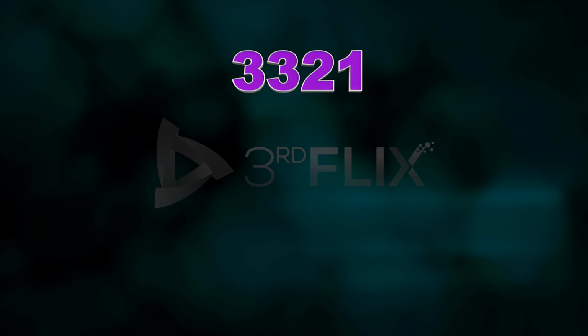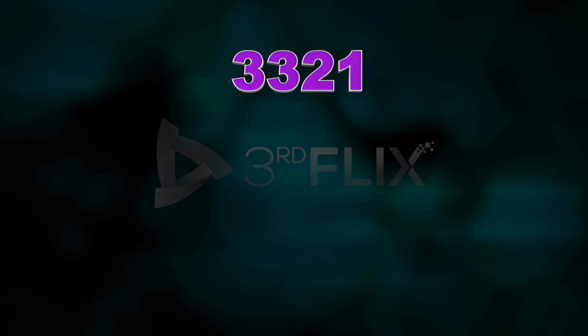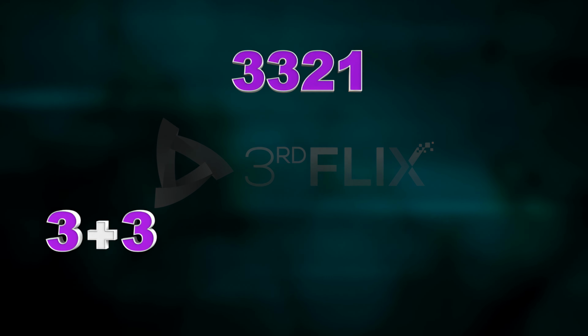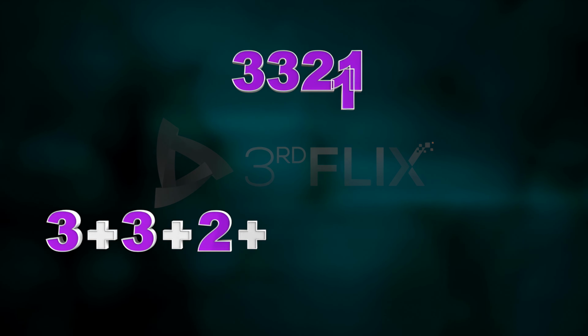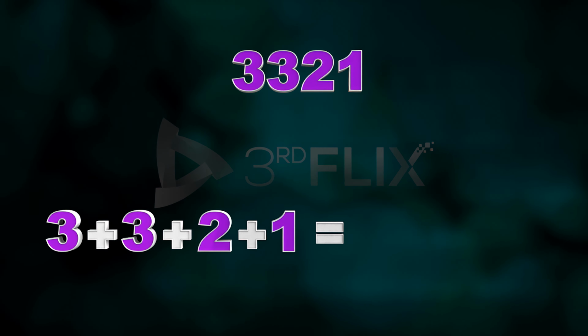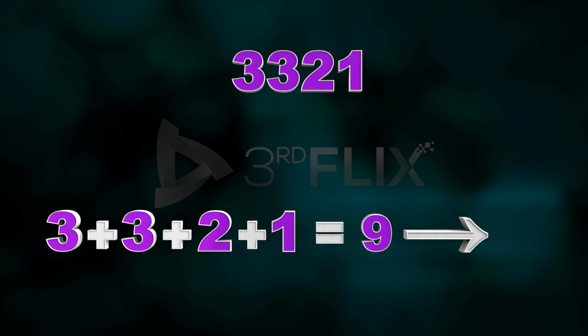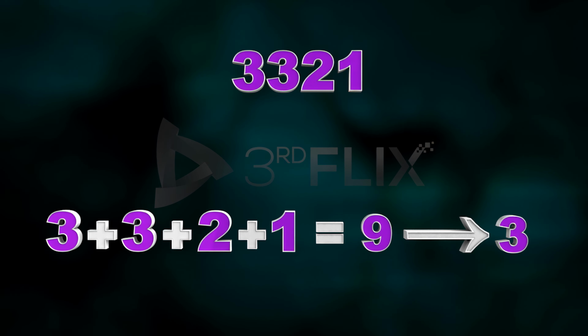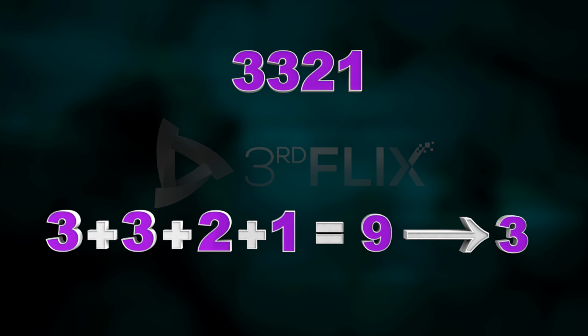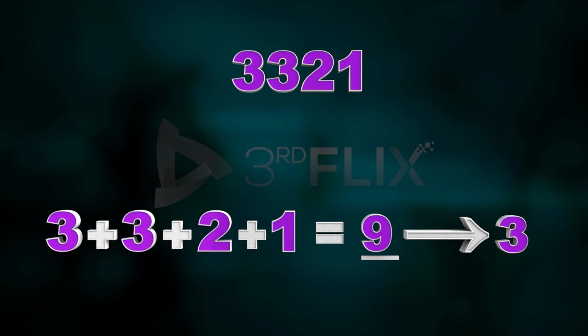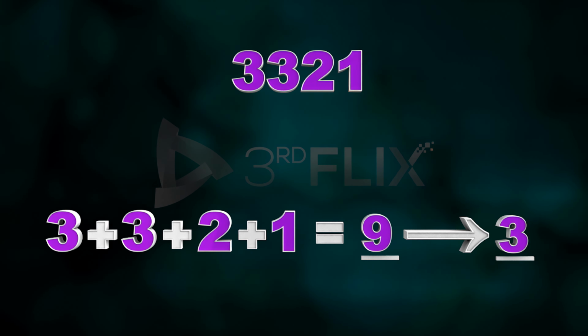Here, the sum of the digits of the number is 3 plus 3 plus 2 plus 1 is equal to 9. This number is divisible by 3 because the sum of the digits of this number is 9, which is divisible by 3.